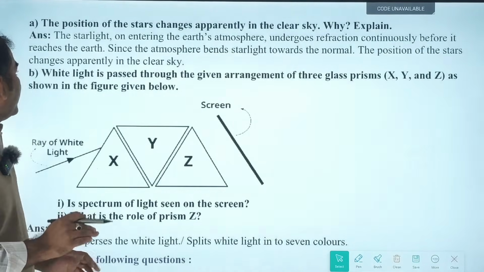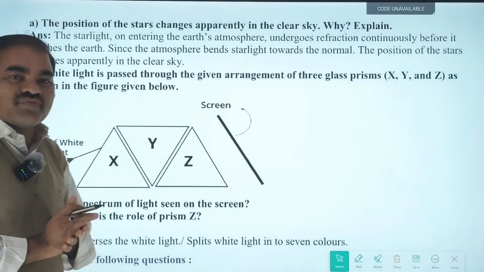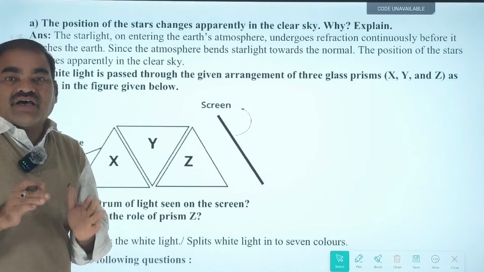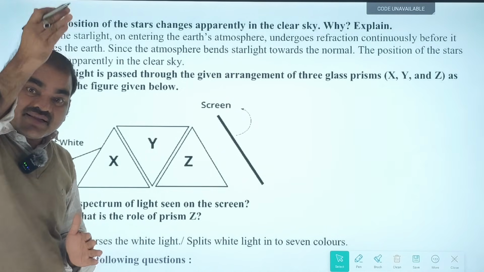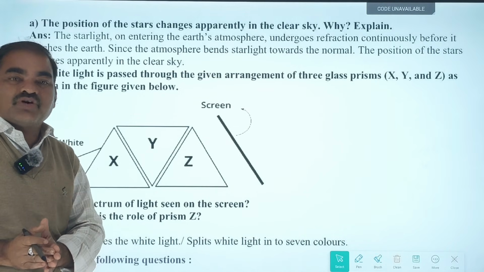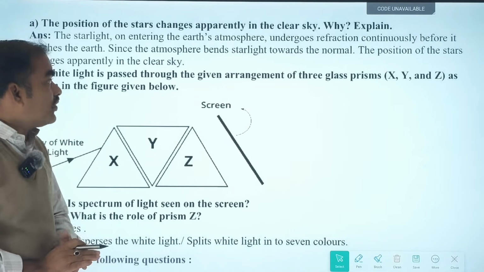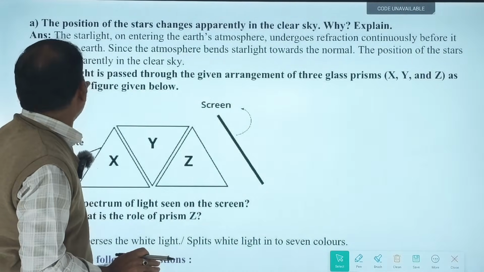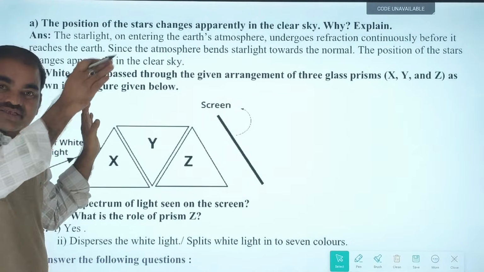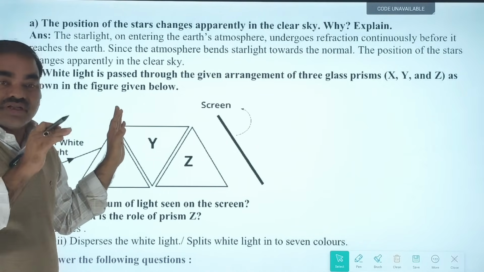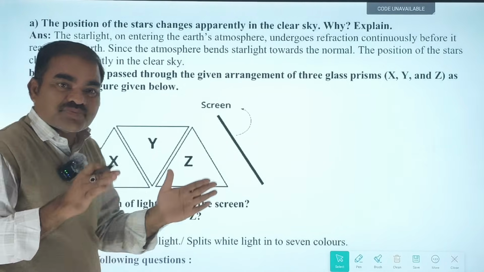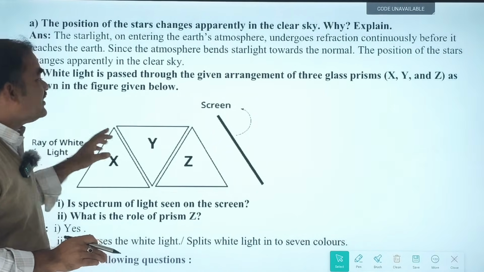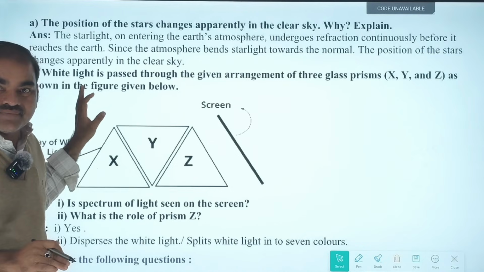This is because the sunlight rays, which are straight lines, on entering the earth's atmosphere undergo refraction continuously before they reach the earth. Since the atmosphere bends these straight lines towards the normal, the position of the stars apparently changes in the clear sky.